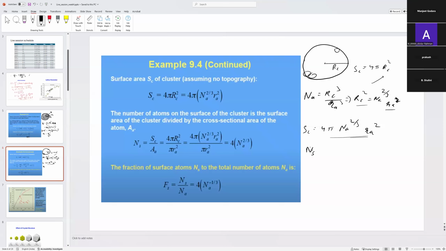This is the total surface area Sc divided by the surface area of an atom, the cross-sectional area of the atom.